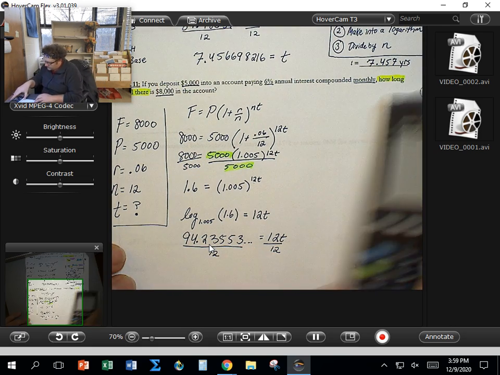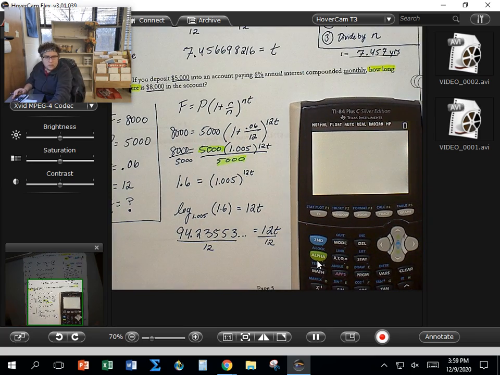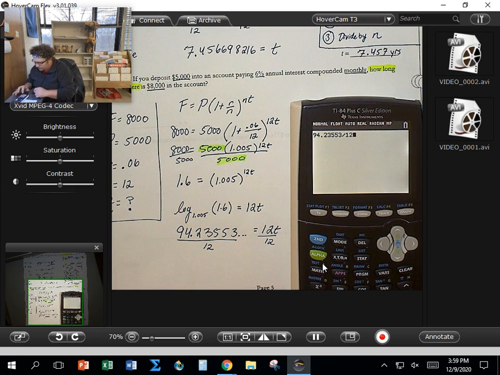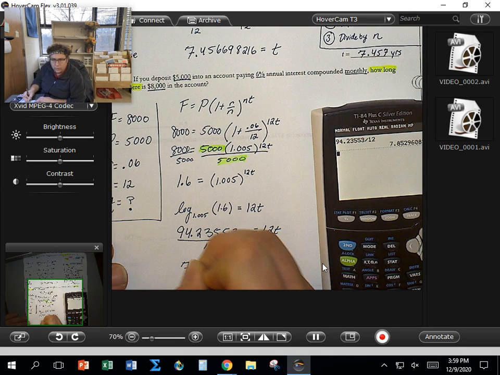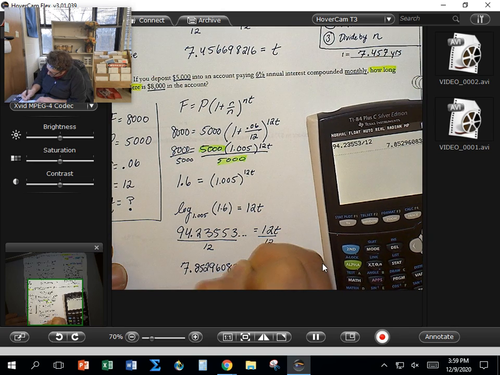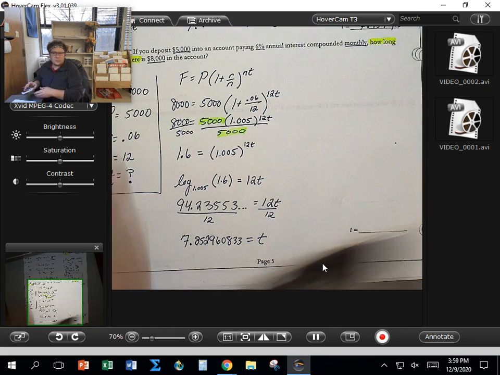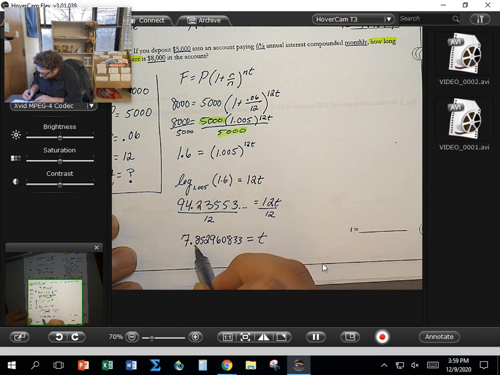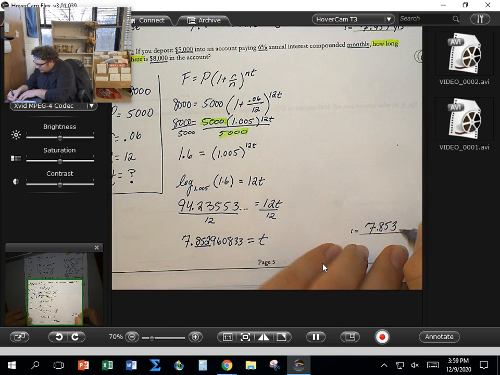And we can plug that into our calculator, or you could have gotten the log from your calculator originally, but we have 94.23553 divided by 12, and we get 7 and some change. So 7.8529608333, and that was equal to t. We like to go with 3 decimal places whenever possible, so we're just going to round it right there. So we have 7.853 years.